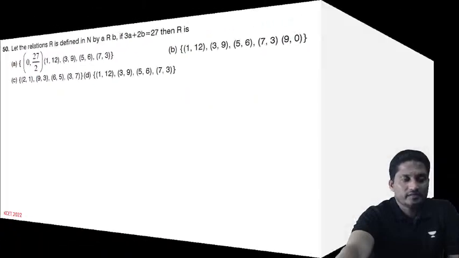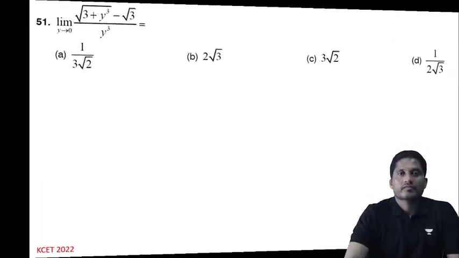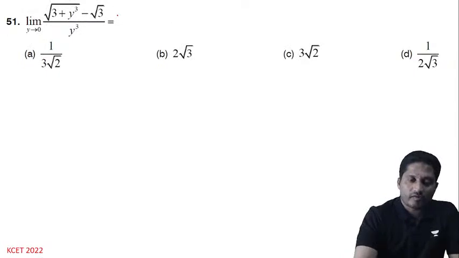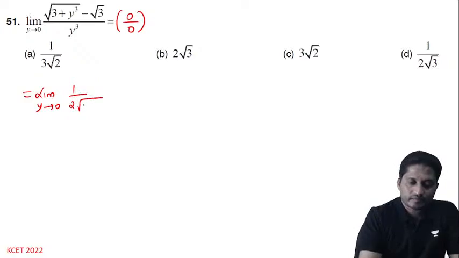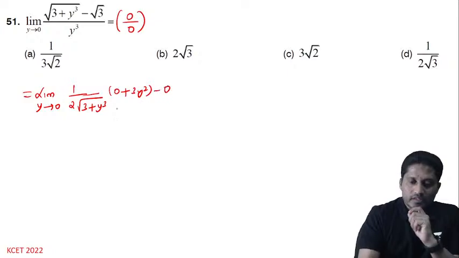Question number 51. This is 0 by 0 form, right? Let us use L'Hopital's rule. Limit y tending to 0. Root x differentiates to 1 by 2 root x. Then 3 plus y cube: differentiation of 3 is 0, differentiation of y cube is 3y square.